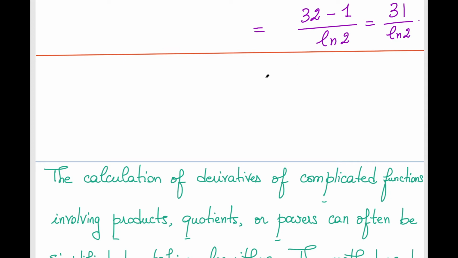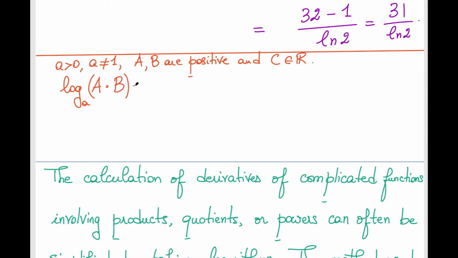If you recall the properties of logarithms, we know that if a is positive and different than 1, and if A and B are positive numbers, and C is an arbitrary real number, then log base a of A times B is equal to log base a of A plus log base a of B. The proof of all three of them can be found in that video that I alluded to, labeled properties of logarithms.